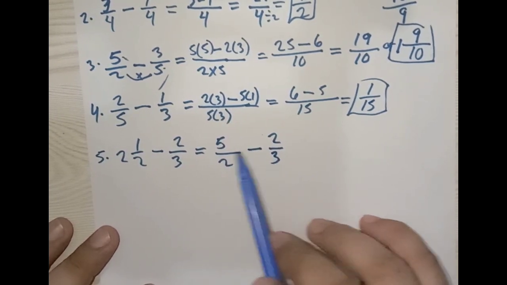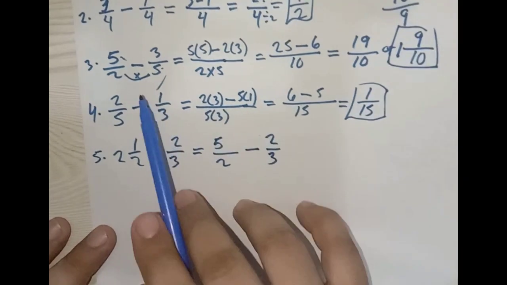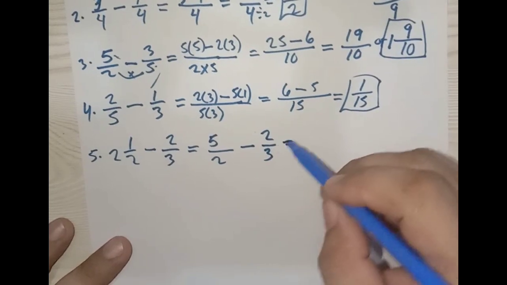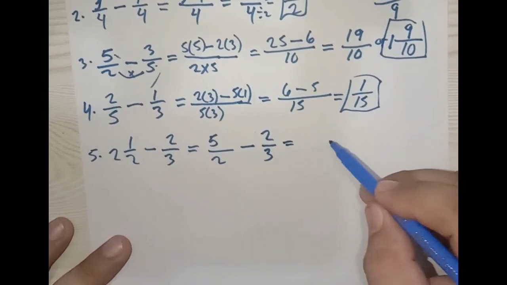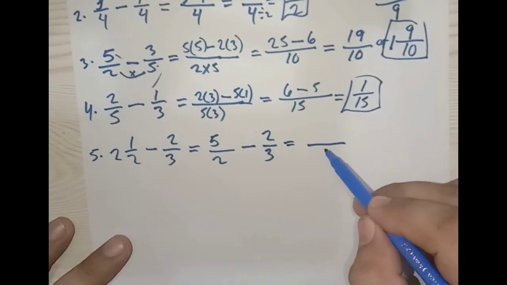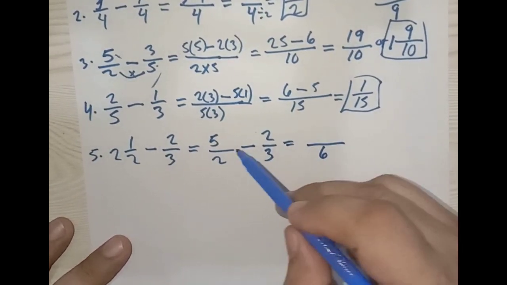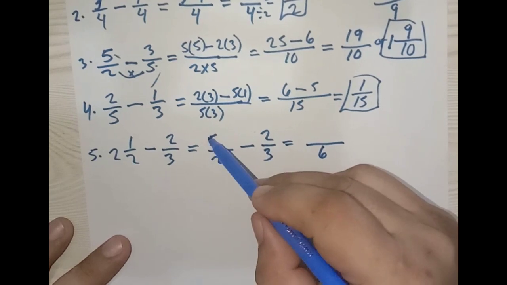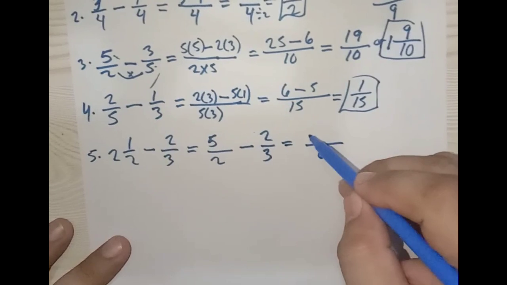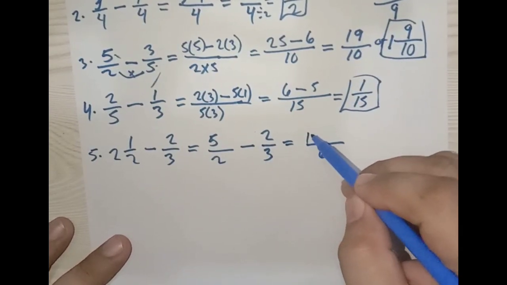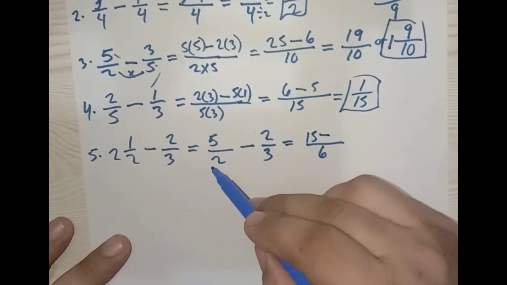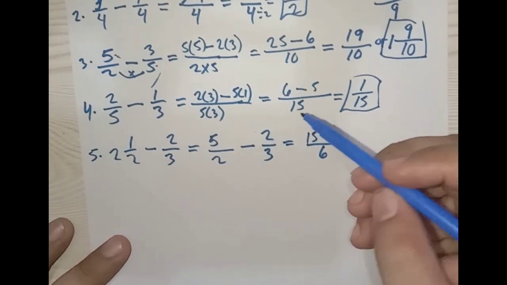So, ang gagamitin natin is the butterfly method na ginamit natin sa example 3 and 4. Okay? So, first step is to multiply the denominator. 2 times 3 is 6. And then cross multiply from top to down. 5 times 3 is 15.